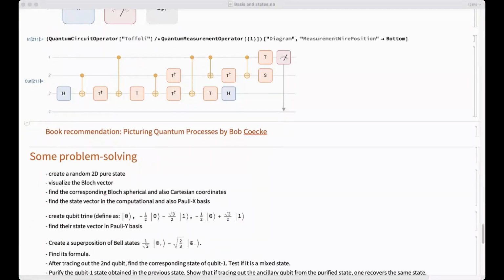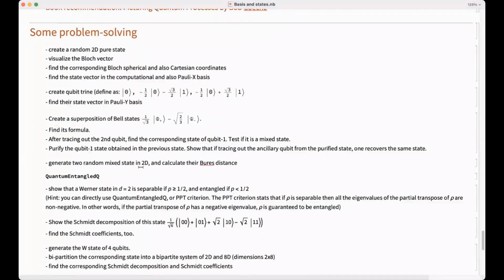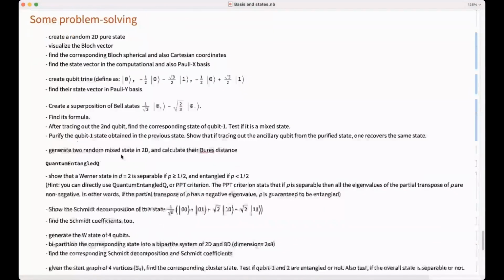Okay, how much time do we have left? We're already 7 minutes over. Oh yeah, really? Time flies. I just don't remember when it's supposed to end. Okay, then I just mentioned that Matt created some homework for you to do here.